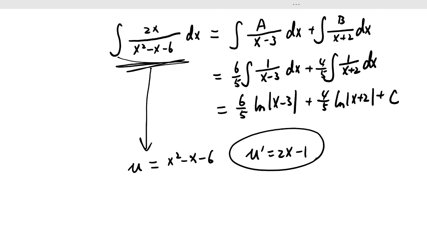I don't have it. Now the question is, can we make it? Should we make it? We already solved this by partial fractions, so there's no use in making 2x minus 1 to use the u prime method. All right, let's see how we can make 2x minus 1, if there is something we could do for it. Let's have a new problem right here.